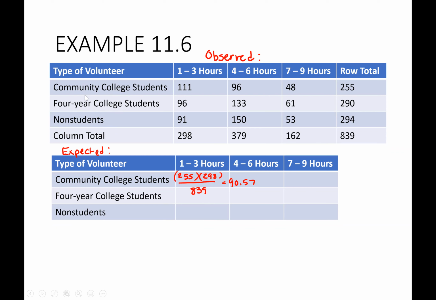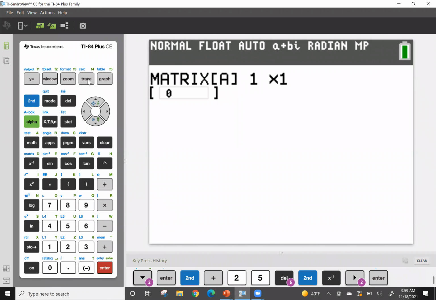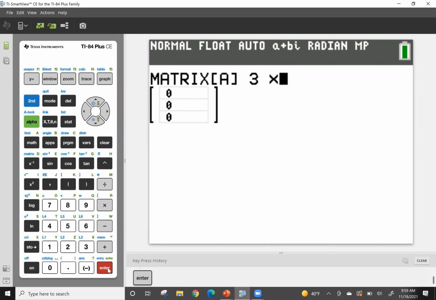Non-students is row 3. So there are 3 rows. So the first number that I tell my calculator is the number of rows in this table. So we go back over here and we type 3, click the 3 button and enter. And as soon as I do that, it creates my 3 rows.